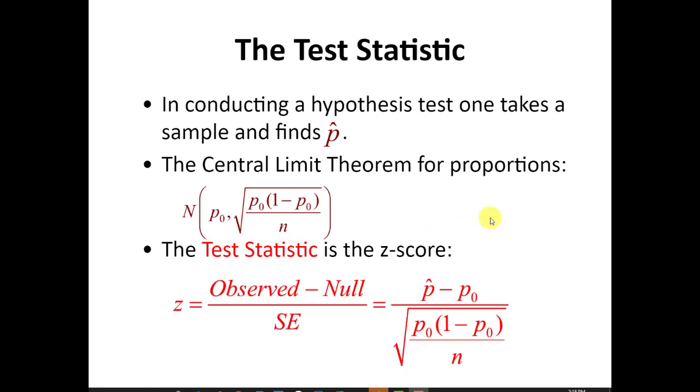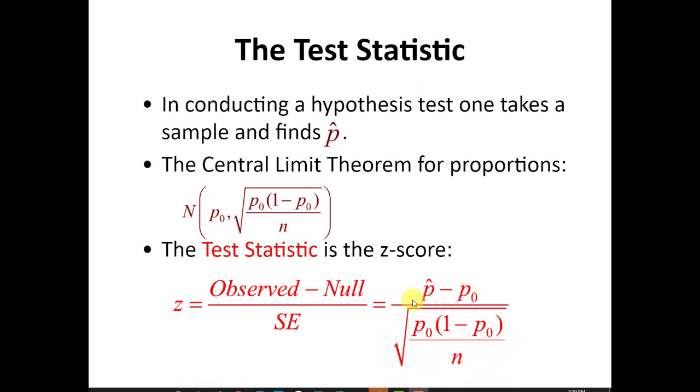So in order to calculate the test statistic for your sample, you're going to take the observed proportion in your sample. From that, you're going to subtract the proportion you used to state your null hypothesis, right? Take that difference, and then you're going to divide that by the standard error. Since we're working with proportions, you're going to use this formula to calculate your standard error.